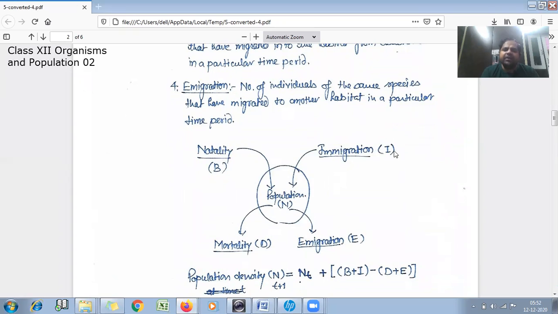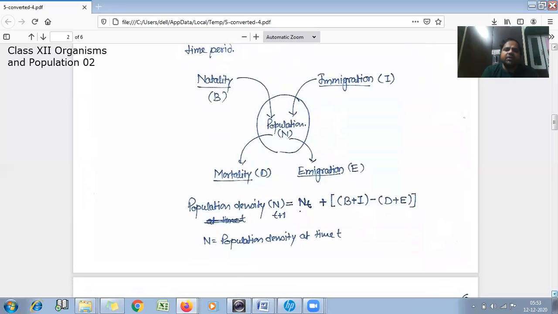Natality and immigration are additive to the population density N, and mortality and emigration cause a decrease in population density. Here we represent natality with B, immigration with I, mortality with D, and emigration with E.